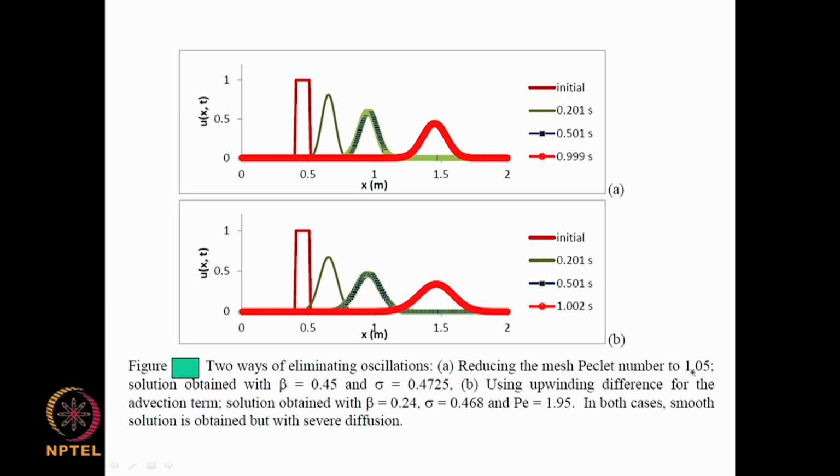Here is the case where the Peclet number has been reduced to 1.05, and the solution is obtained with the same beta value, but sigma reduced to 0.4725, so that we have a reduced Peclet value, and at about 1 second we now get an oscillation-free solution. Another way is to use an upwind differencing scheme for the advection term.